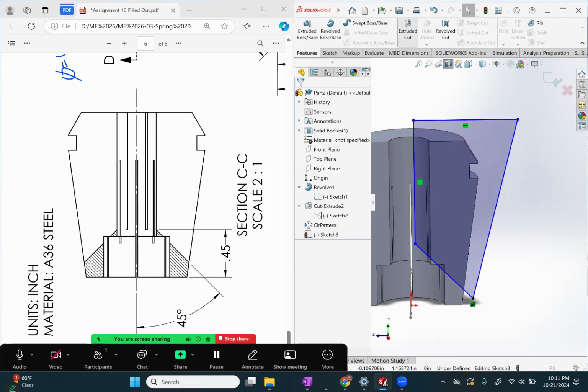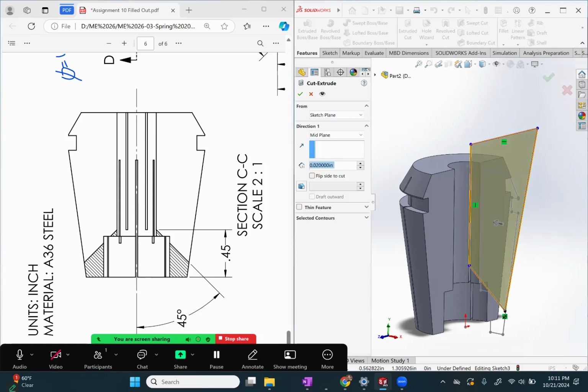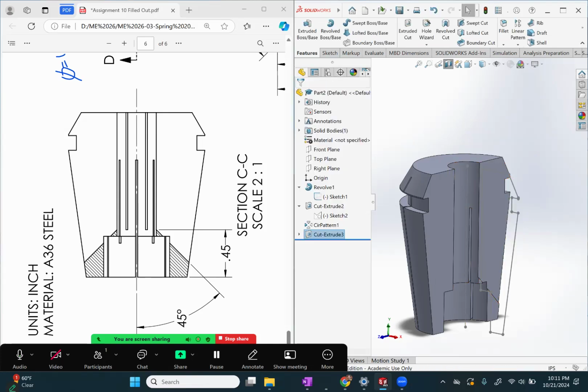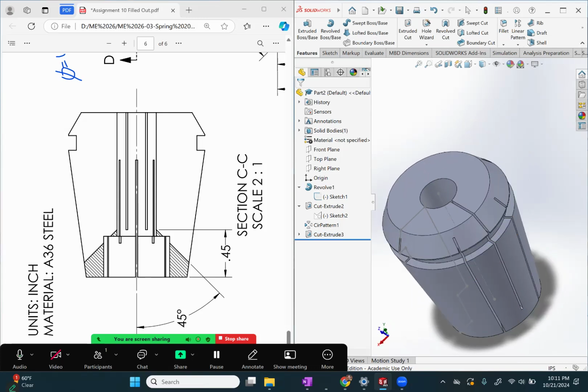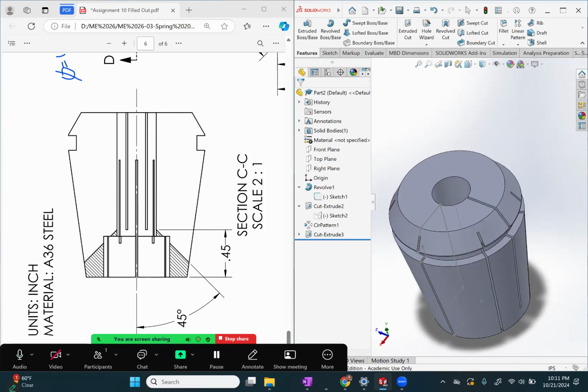So let's do an extrude cut of this region here, mid plane, still 0.02. All right. If I turn off my section view, I can see I've successfully created that line.